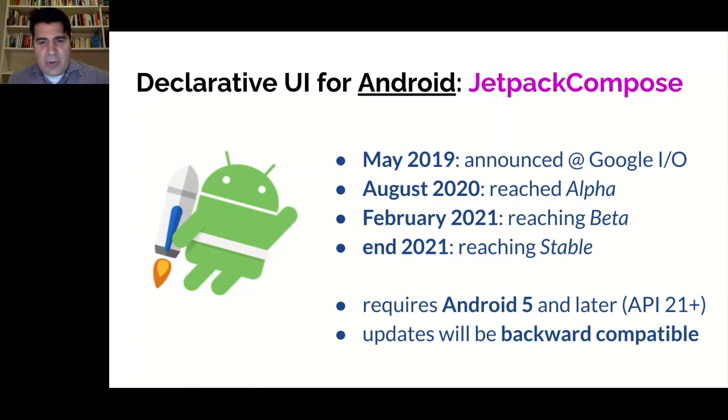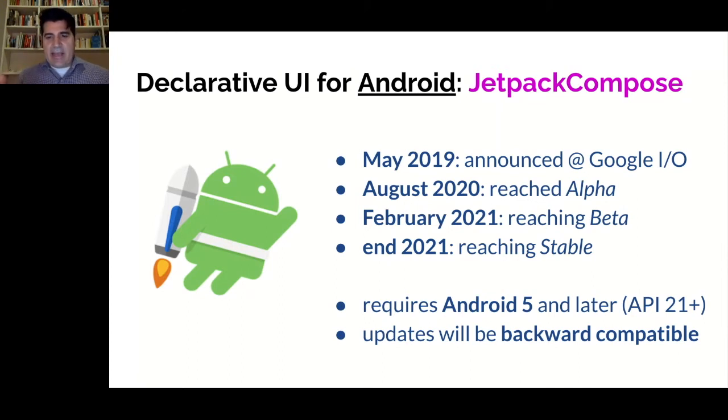Jetpack Compose requires Android 5 or later. So this means that it would be compatible with any new version of Android, because Jetpack Compose is just a library that you define in Gradle, just like AppCompat or any Android support library. So it's not tied to an Android version at all.